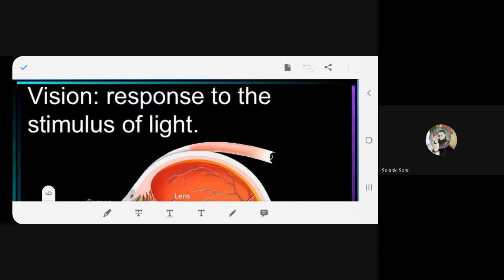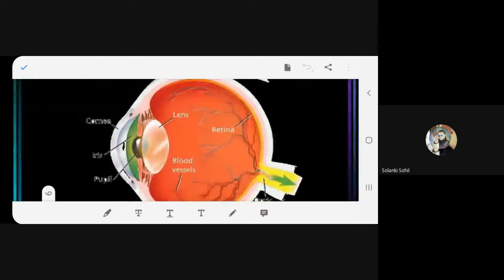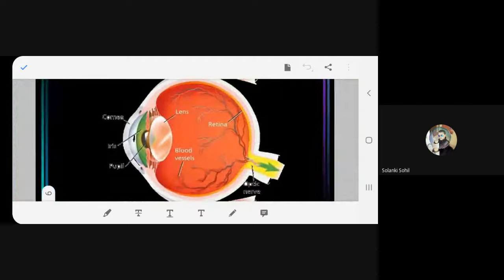So through the lens, the light went inside your eye and the brain registers what you saw. When you see something, that is a response to the stimulus of light. Is it clear?